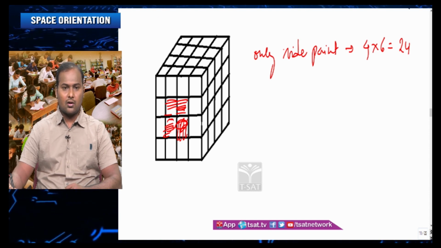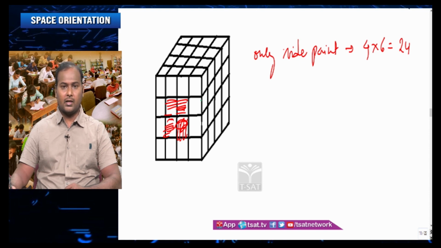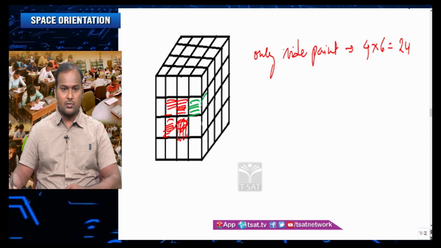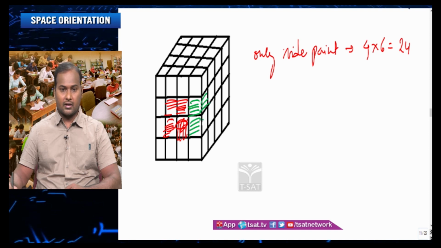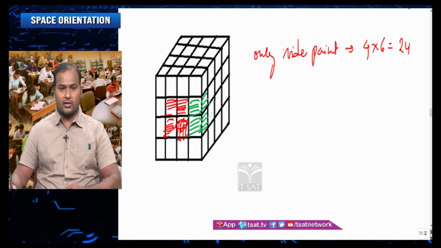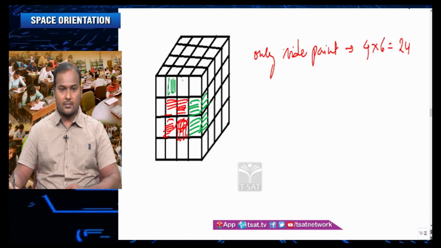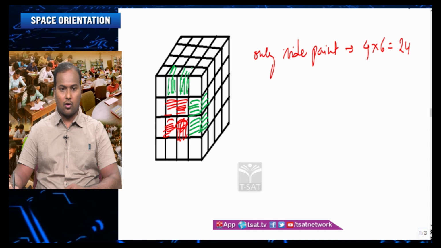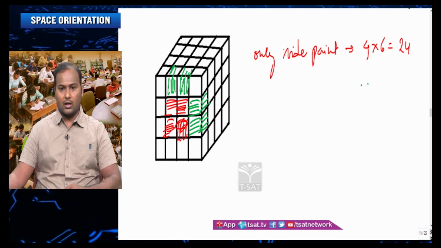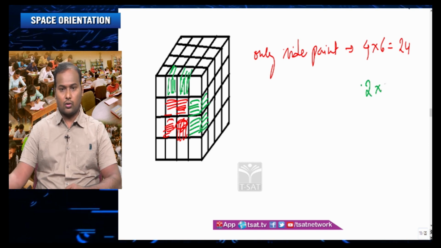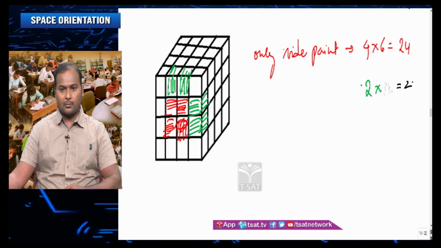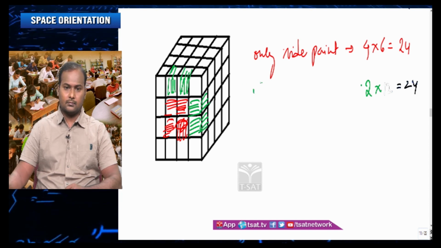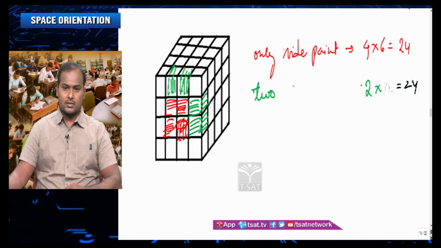The next question is, how many small cubes with two side paint? Where is two side paint possible? Two side paint is always possible only on the edges. Per edge 2, total 12 edges, so 12 times 2 is 24.